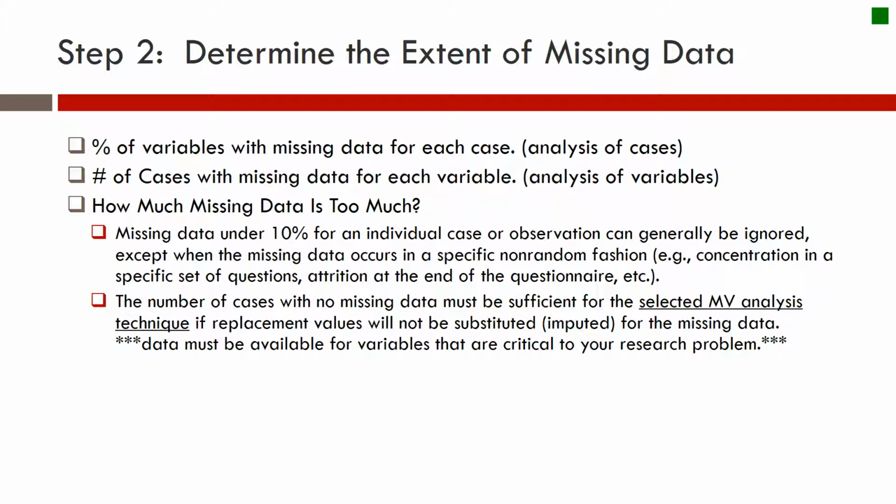And then, number two, we want to look at the extent to which the data is missing. We can look by respondent, each individual respondent, and think about what percentage of the survey was completed by each respondent. If somebody filled out the survey completely, then 100% of the survey would be completed. If they only filled out half the survey and the other half is blank, then 50% would have been completed.